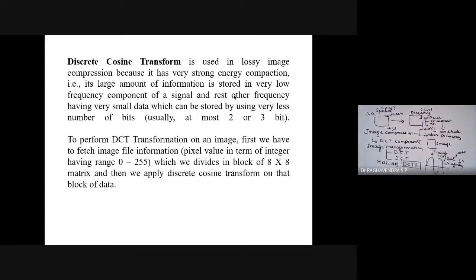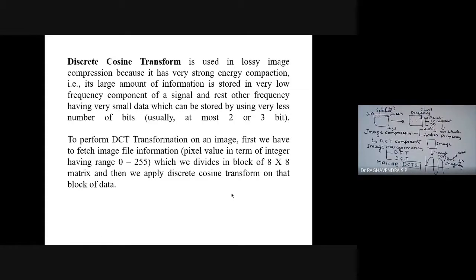Now, to perform the discrete cosine transformation on a given image, we first fetch the image. The image may be grayscale or color. If you consider an 8-bit image, the gray levels vary from 0 to 255, because 2 to the power of 8 is 256, and since we begin from 0, it goes up to 255. Next, we divide the image into 8 cross 8 blocks.